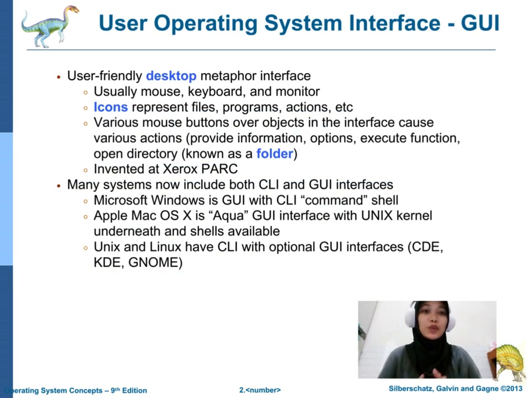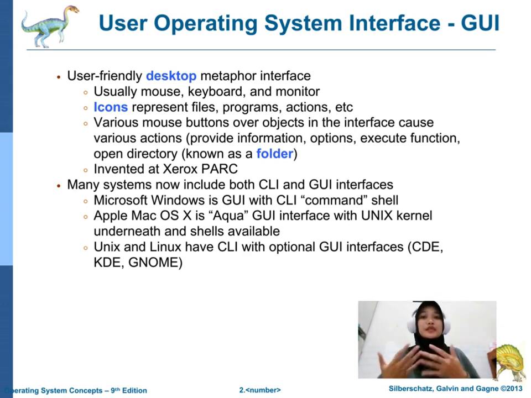Okay, the next slide we will discuss the user operating system interface, the GUI, or graphical user interface. The advantage of the GUI is a user-friendly desktop metaphor interface. Of course, the GUI is more user-friendly than the CLI. Usually, the GUI can be operated by mouse, keyboard, and monitor.